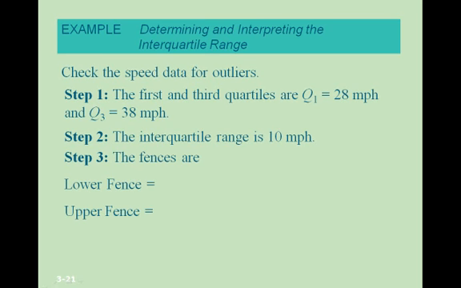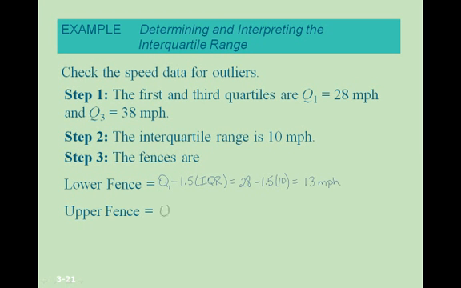Now we'll compute the fences. The lower fence, remember, is Q1 minus 1.5 times the IQR. So we have Q1, which was 28, minus 1.5 times 10, which was our IQR. And when we evaluate this, we get a value of 13 miles per hour for our lower fence.